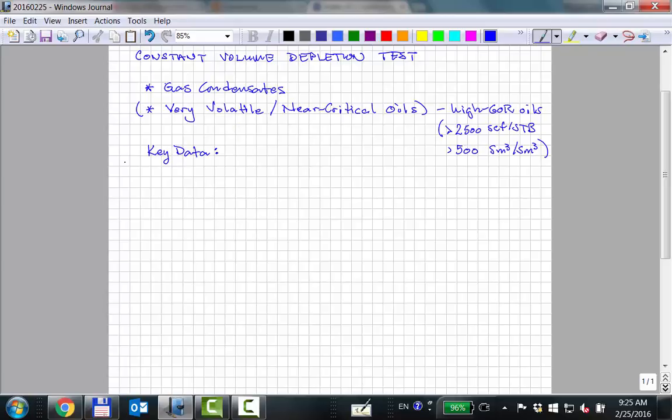So the key data being measured here is how the gas composition changes as we drop below, actually not equal to, because we know the composition at the dew point, as the pressure drops below the saturation pressure.